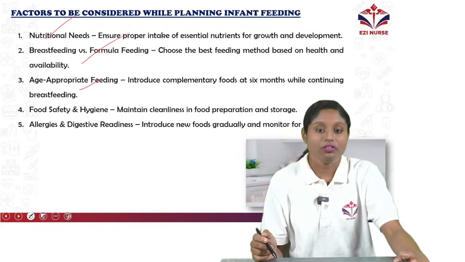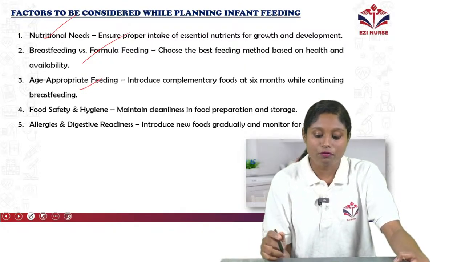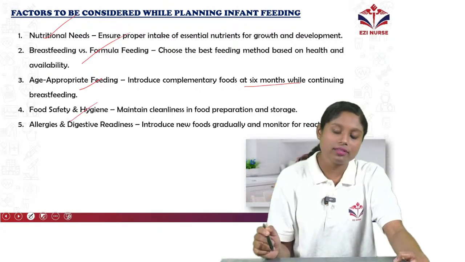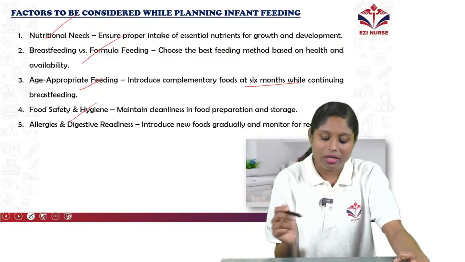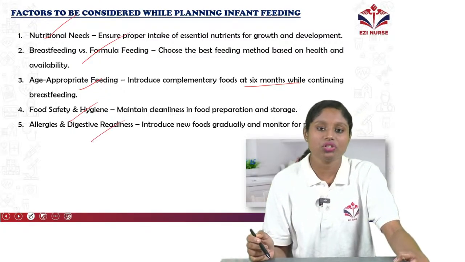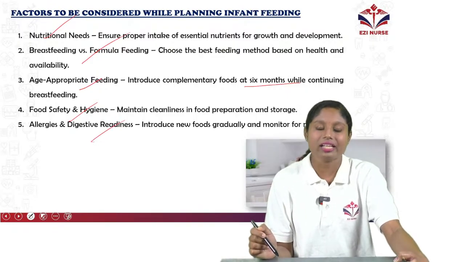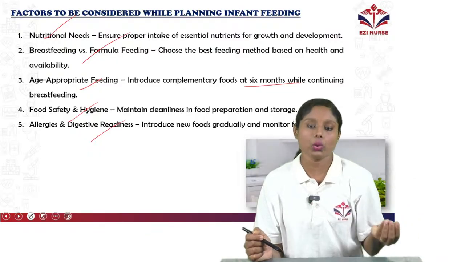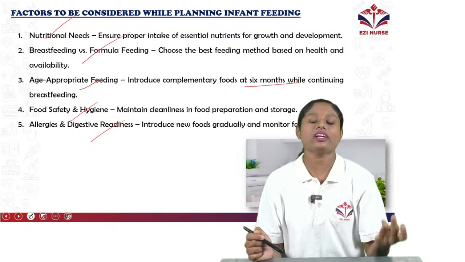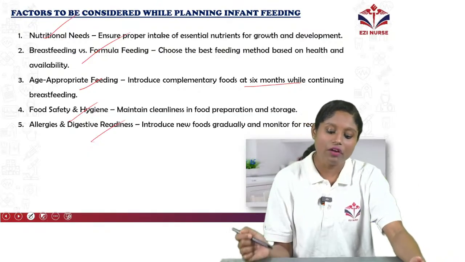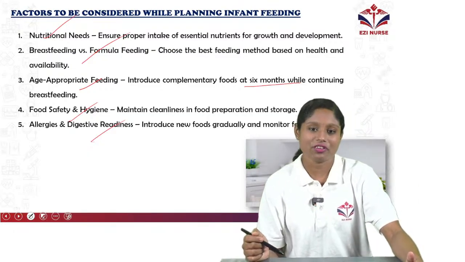Age-appropriate feeding: introduce complementary foods at 6 months while continuing breastfeeding. Food safety and hygiene: maintain cleanliness in food preparation and storage. Allergies and digestive readiness: introduce new foods gradually and monitor for reactions. We need to start the food slowly, otherwise allergic reactions will occur. So these are the factors to be considered while planning infant feeding.